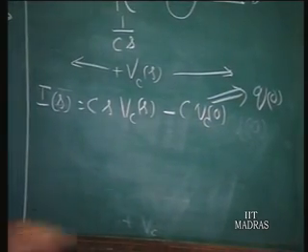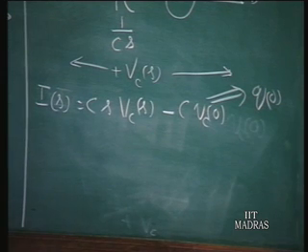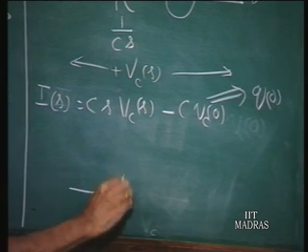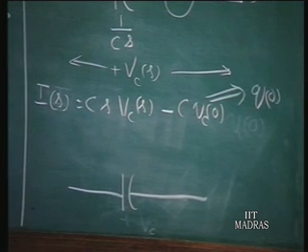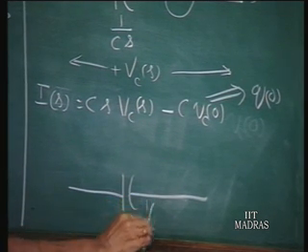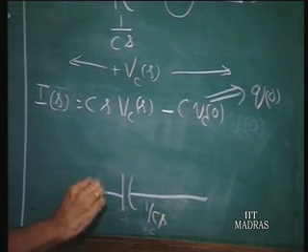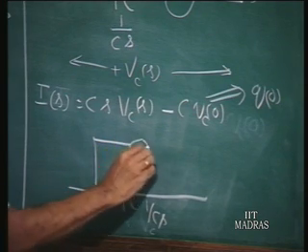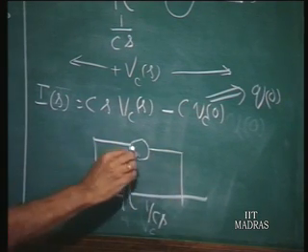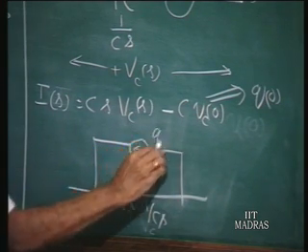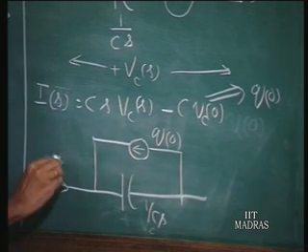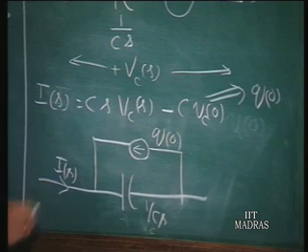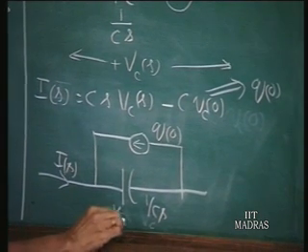Therefore, I can represent this equation by means of a circuit like this, whose impedance is 1 over Cs, and in parallel with this, we have a current source whose value is Q0 in the transform domain. And the current here I(s), and the voltage across this is Vc(s).